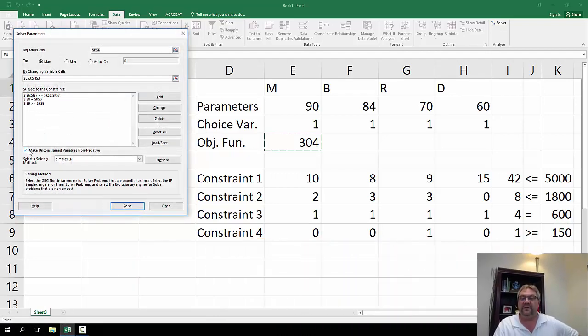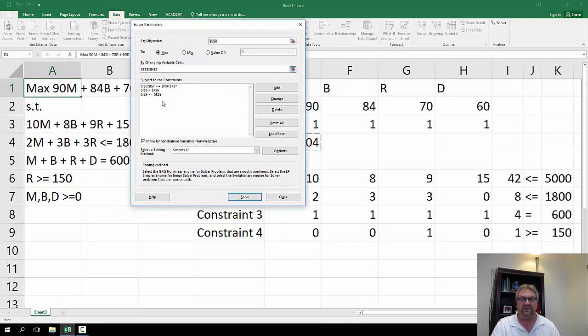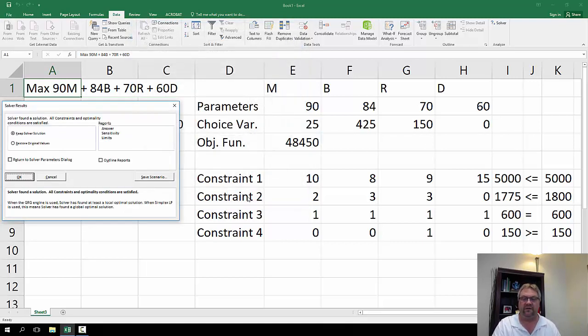I'm still going to click this box. It's okay, because I've essentially overridden that constraint when I put it in here. But I still want to click this box because I still want M, B, and D to be greater than or equal to 0. All right, so then I'm going to hit Solve, highlight my reports, and then hit OK.